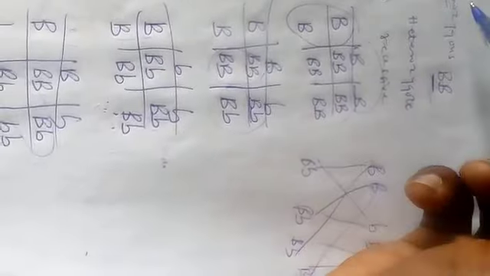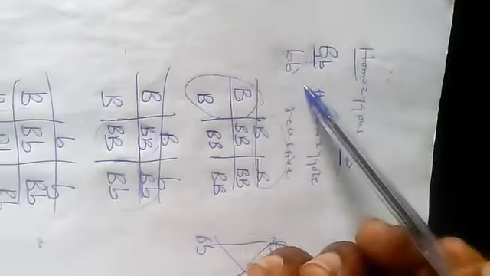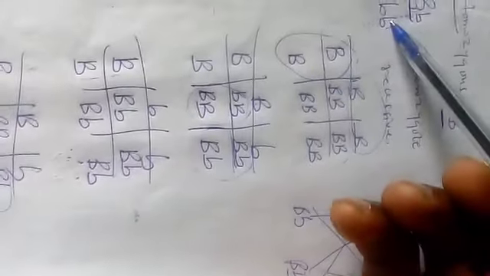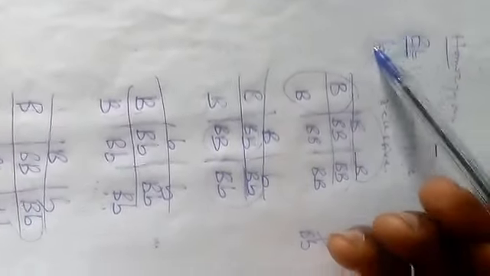So let's look at the heterozygous and then homozygous. You can use this same trend to cross for all of them. All you need to know is homozygous BB, heterozygous capital B small b, and recessive small b small b.